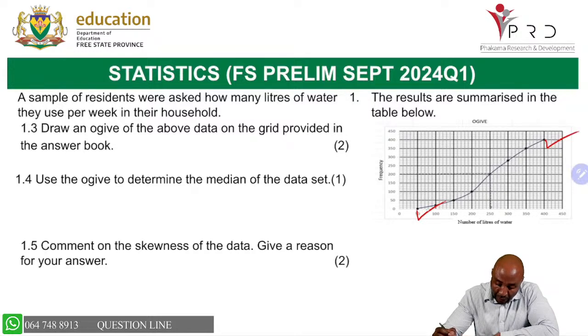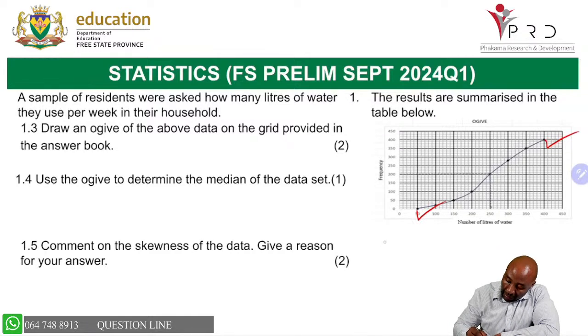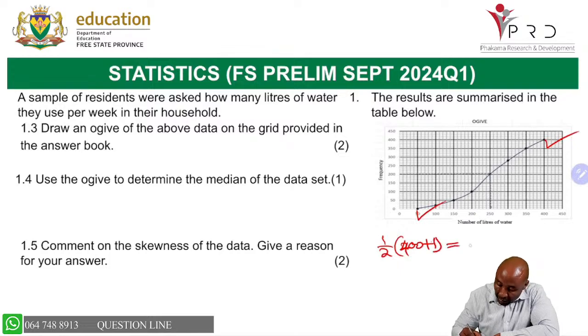We use the Ogive to determine the median of the data set. Remember the formula for finding the median, it is half of n plus 1, in which case it's half of 400 plus 1, and this will give us 200,5.